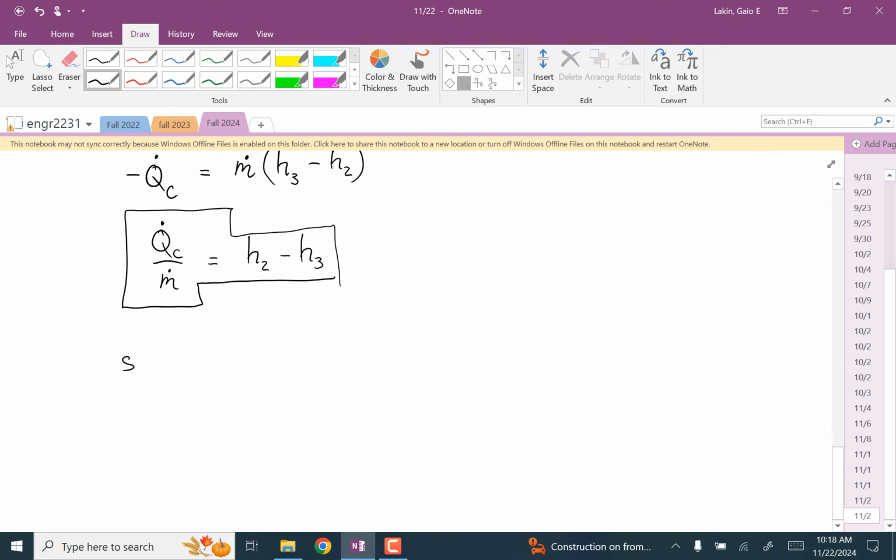Okay, now we're going from state 3 to state 4. This is an isentropic pump.